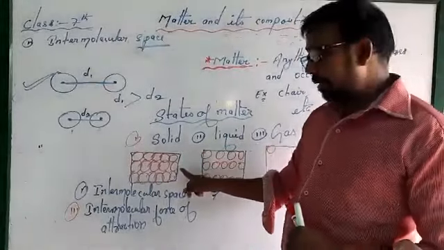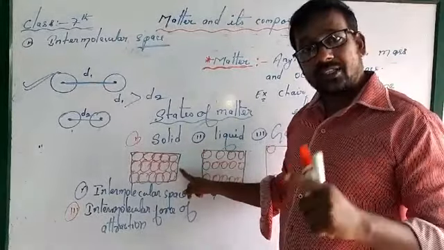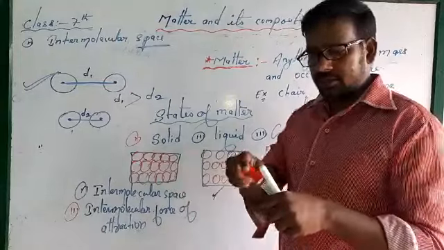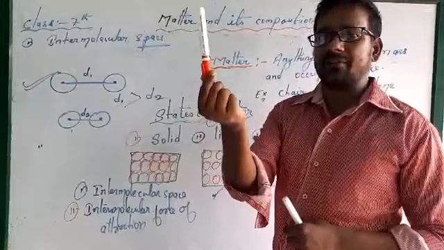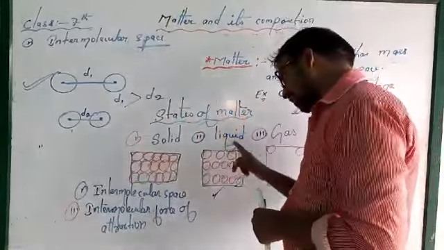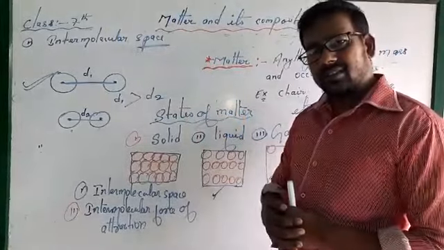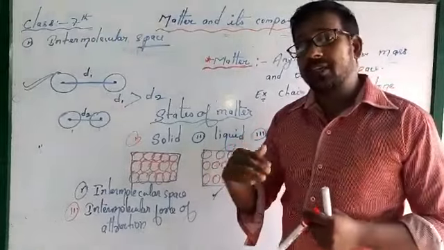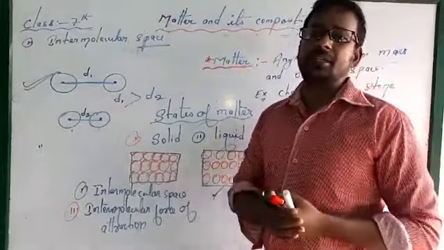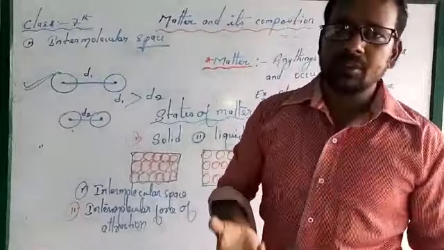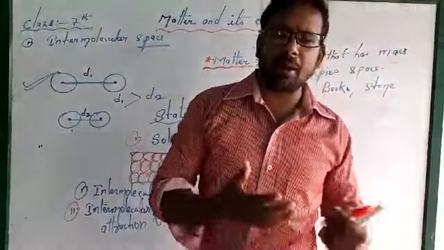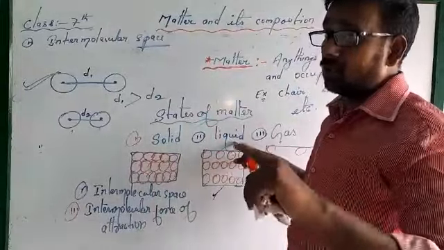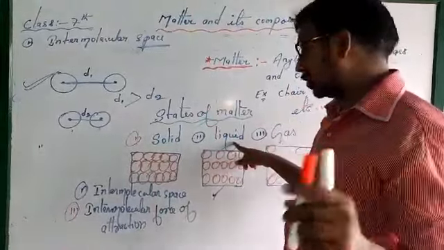Solid has fixed shape and fixed volume. Liquid has fixed volume but not fixed shape. It can take the shape of a glass, it can take the shape of a bucket.